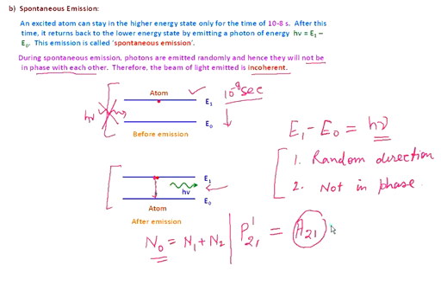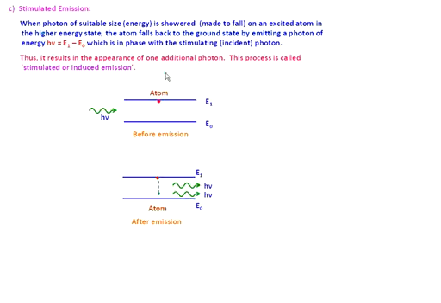And the spontaneous emission does not depend on the external source. It basically emits the photon through this process spontaneously. Here in case of stimulated emission, one photon comes from the external source, right?